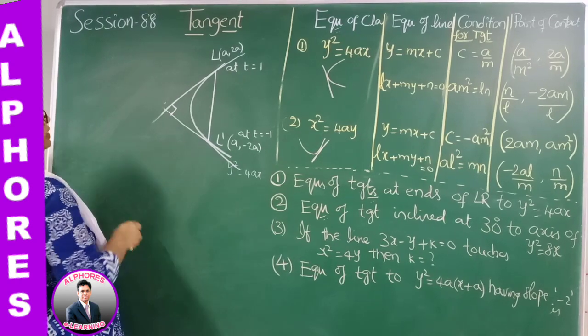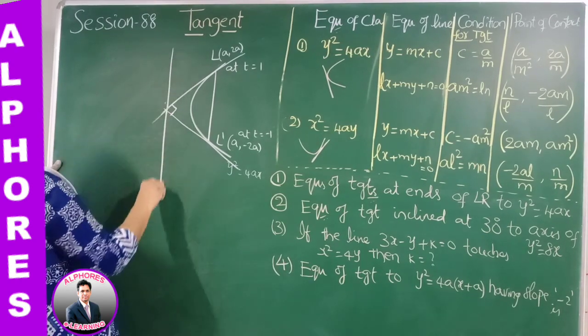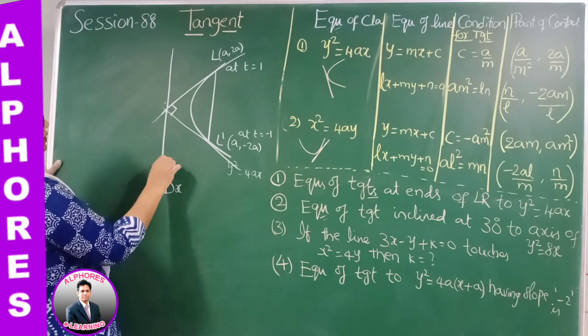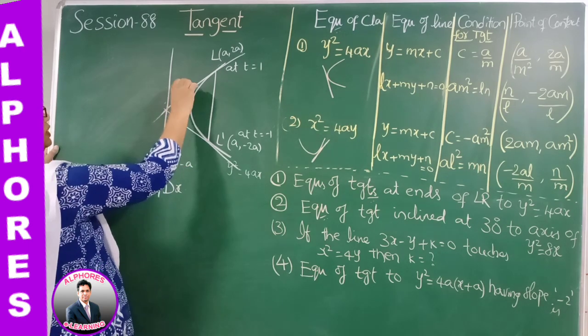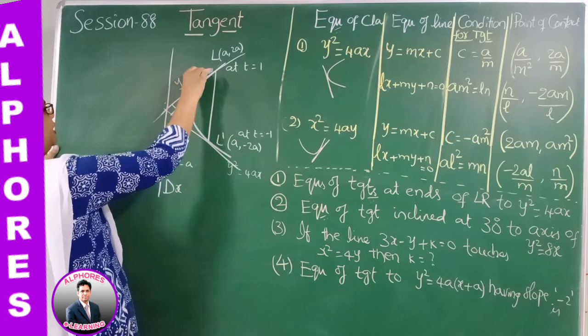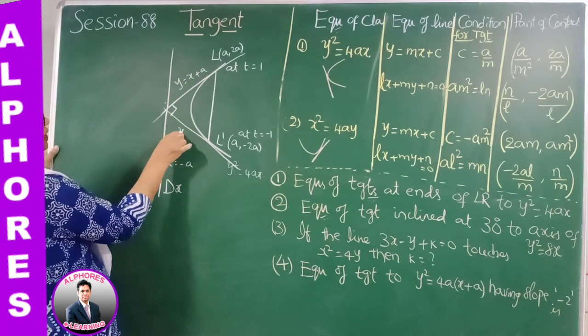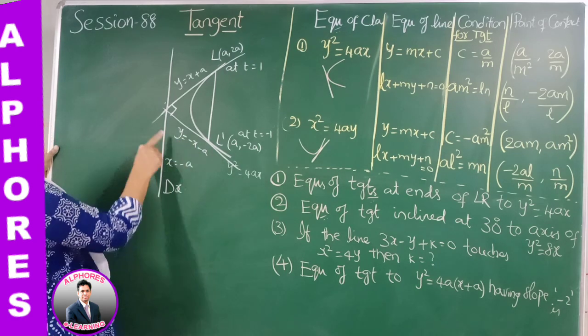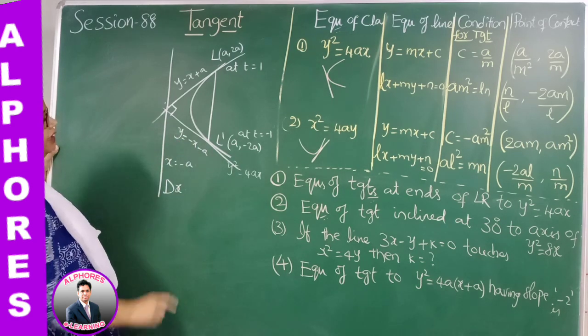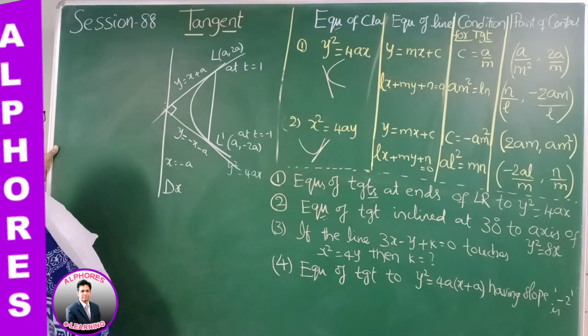So this is nothing but our directrix, and the directrix equation is x equals minus a. Therefore this is one tangent we got, y equals x plus a, and this is another tangent, y equals minus x minus a. If you substitute x equals minus a here, we can obtain the other value also.